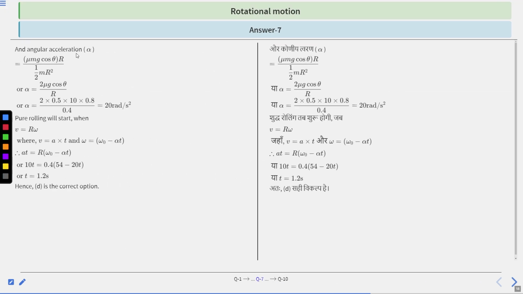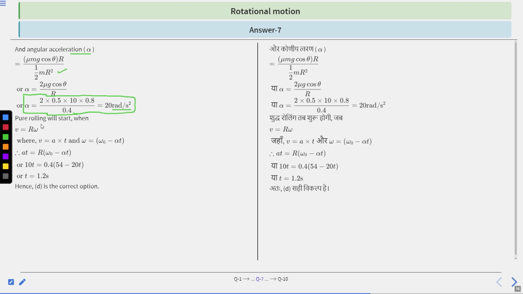And angular acceleration alpha is mu mg cos theta multiplied by r divided by half mr square. So alpha equal to 2 mu g cos theta divided by r. Putting all numerical terms in this equation, we get alpha equal to 20 radian per second square. Clear? This is the unit of angular acceleration, radian per second square.